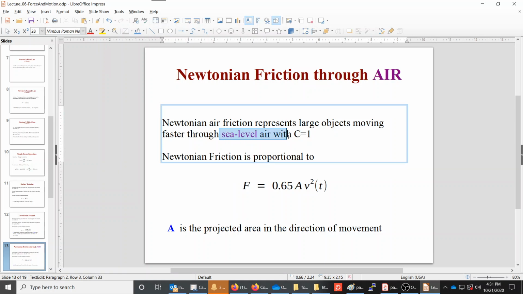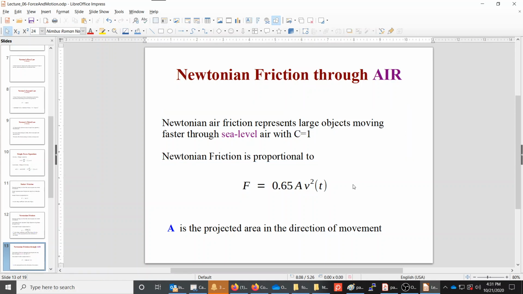Okay, so the drag coefficient is equal to 1 at sea level for air. So that's kind of where the drag coefficient comes from. And so then this 0.65 is basically our density at sea level. So that's the density of air at sea level, with the drag coefficient of 1.